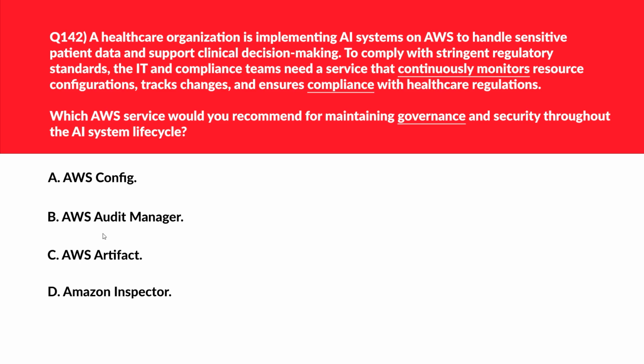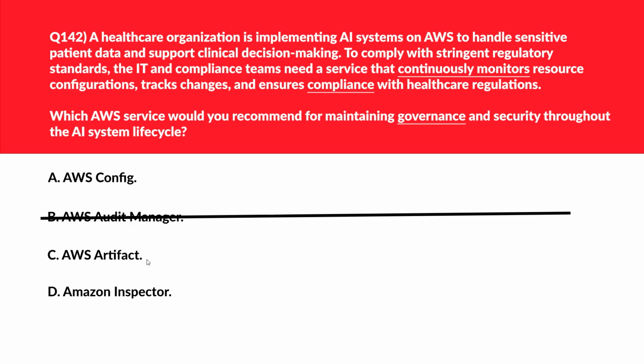B says AWS Audit Manager. Audit Manager helps in automating audit preparation and compliance assessment, but Audit Manager doesn't provide continuous monitoring and configuration tracking of any kind. What's required here is configuration tracking. So let's reject this. Let's now move to option C. C says AWS Artifact.